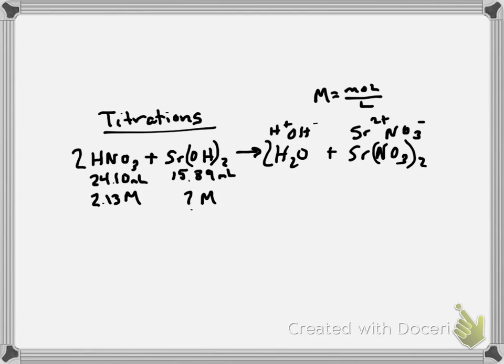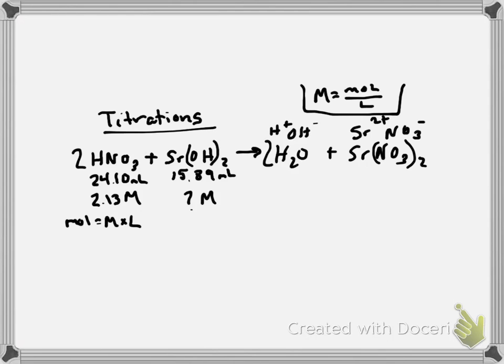Now, because we're going to be dealing with molarities here, we need to remember what molarity is: moles per liter. In this process, the only way to really communicate between two things in a reaction is through moles. So our first step when we do a titration is to calculate the number of moles of our known solution. That's the one where we know both the molarity and the milliliters, and in this case, that is nitric acid. So we're going to find our moles by multiplying molarity times liters.